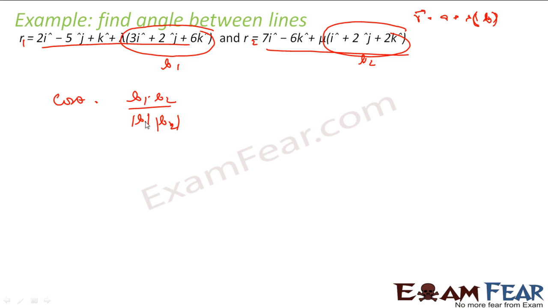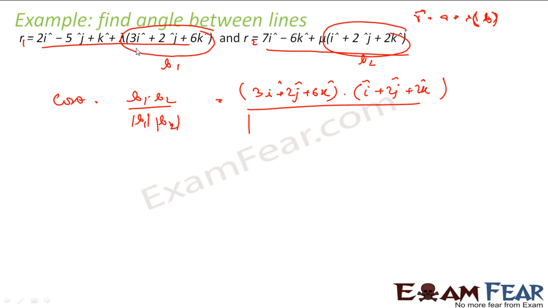Correct? So this is nothing but B1, which is 3i plus 2j plus 6k, dot B2, which is i plus 2j plus 2k, by the magnitude of B1, which is root of 3 square plus 2 square plus 6 square, and the magnitude of B2, which is root of 1 square plus 2 square plus 2 square.